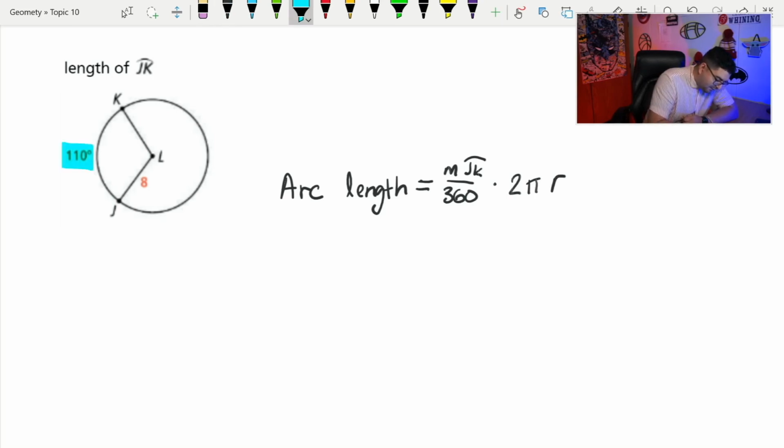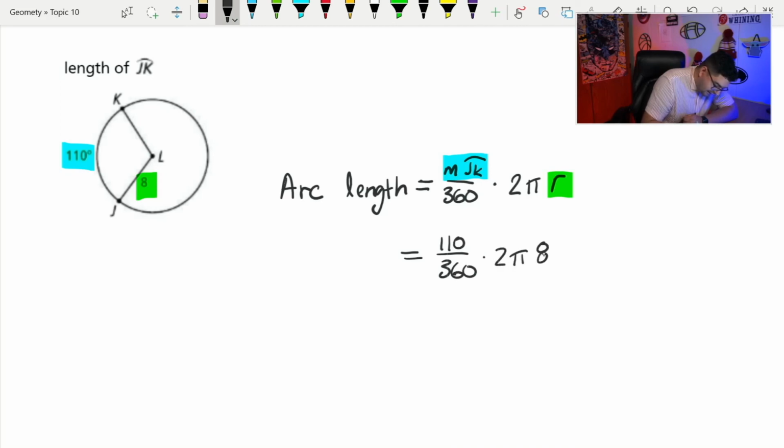They gave me my arc angle, which I'm going to plug in up here, and they gave me my radius, which I'm going to plug in at the end. So this should equal 110 over 360 times 2 pi, and then 8. Again, I'm just highlighting them so that you can remember where they came from.